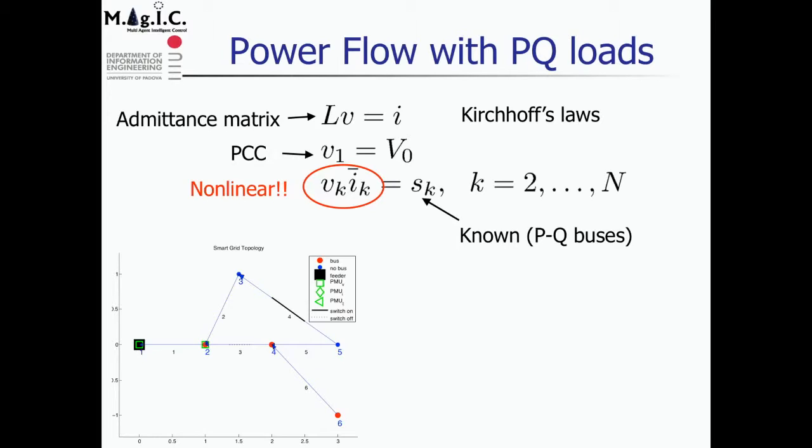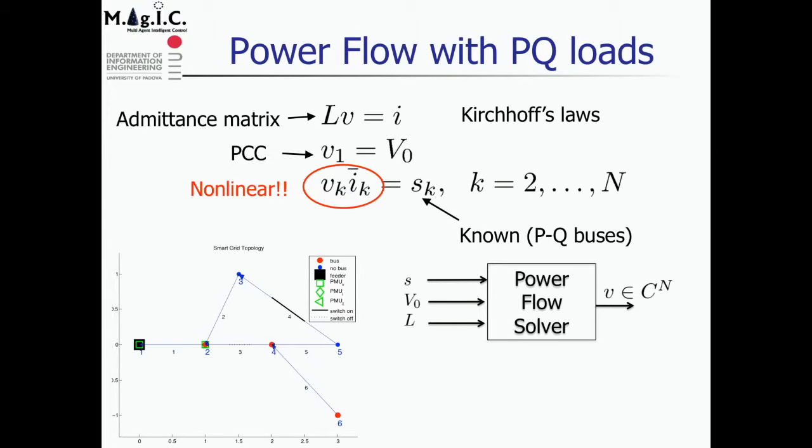And here is where the problem comes. This is the nonlinear term. We know that the power flow at each bus is the product of the voltage times the complex conjugate of the current. Typically, that's what you know. So what is given is the value for S, not for V and I. V and I are your unknowns, and you want to solve the set of equations.